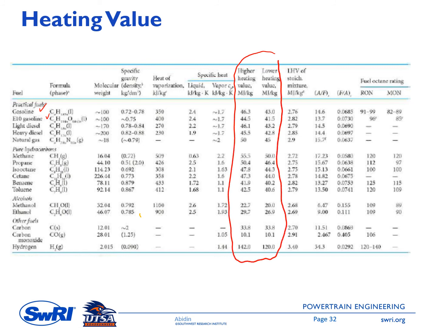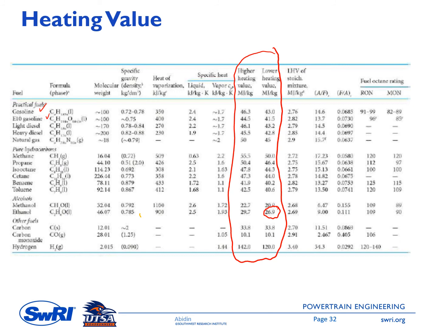For example, gasoline has a lower heating value of 43 megajoule per kilogram. When we add 10% ethanol to the gasoline, the lower heating value drops to 41.5 megajoule per kilogram. This is because ethanol has a lower heating value than gasoline. Here is the lower heating value of ethanol, only 26.9 megajoule per kilogram.